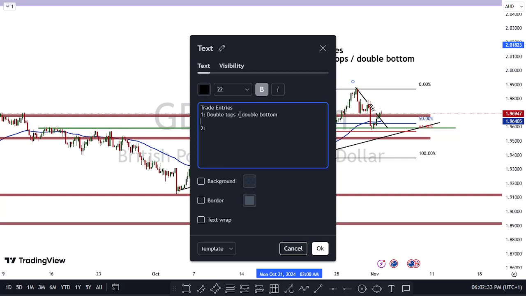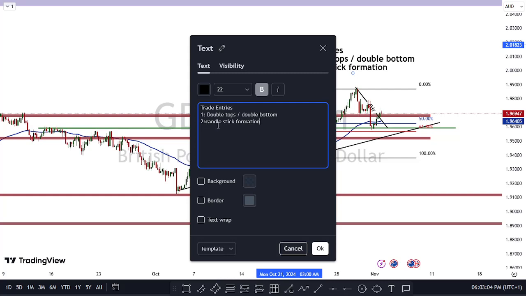The second one is going to be candlestick formation. So first of all, double tops and double bottoms, trade entries.